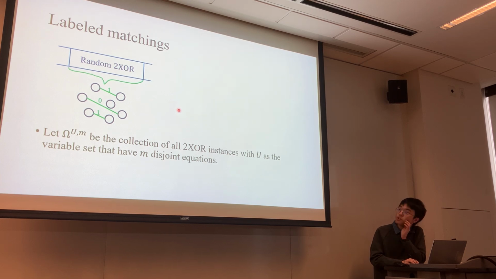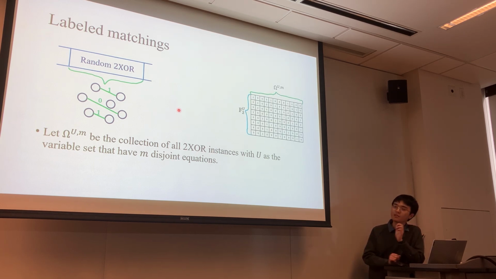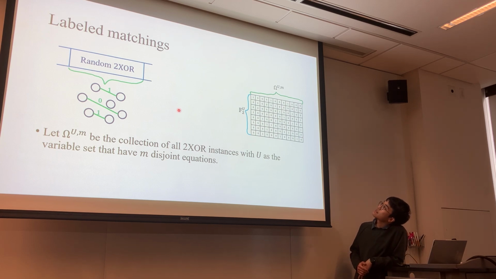So let's consider each of these inputs to one player. We can organize the collection of all 2XOR instances and the collection of all underlying solutions into such a matrix.